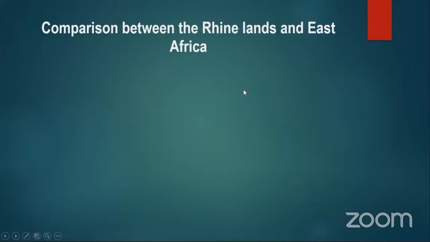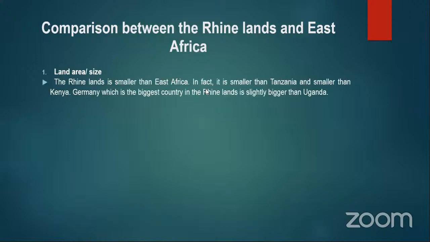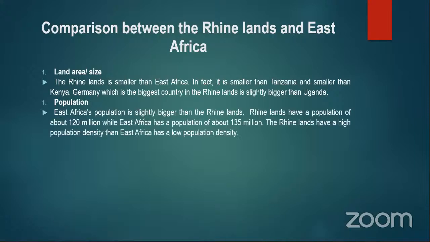Then number 2, when you look at the population, the number of people, East Africa's population is slightly bigger than the Rhinelands. The Rhinelands have a population of about 120 million, while East Africa has about 135 million.